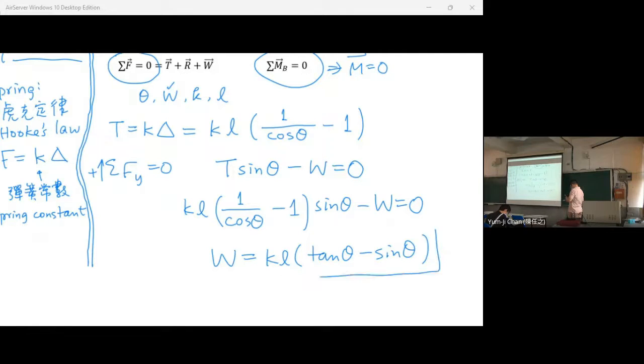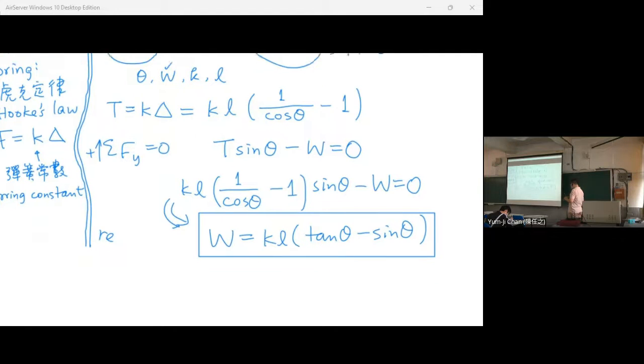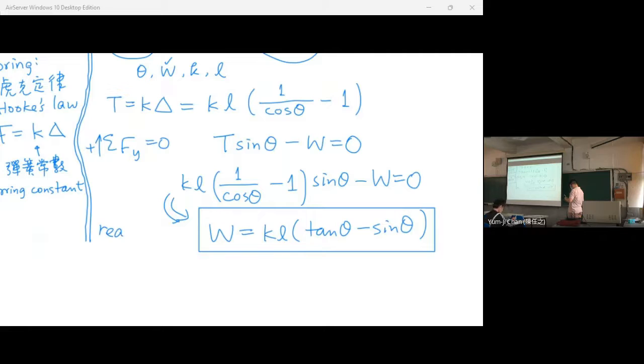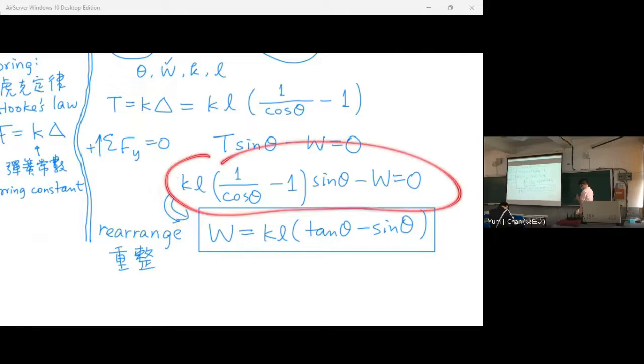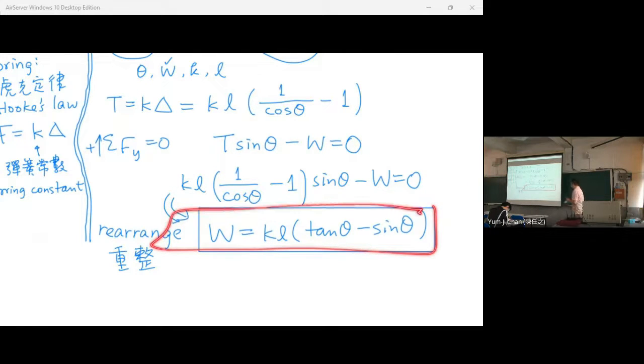And this is the answer. We rearrange the equation, and we arrive here, which is the answer.